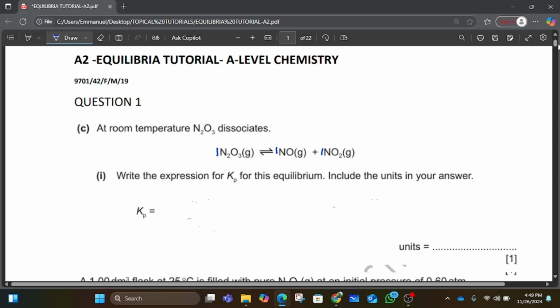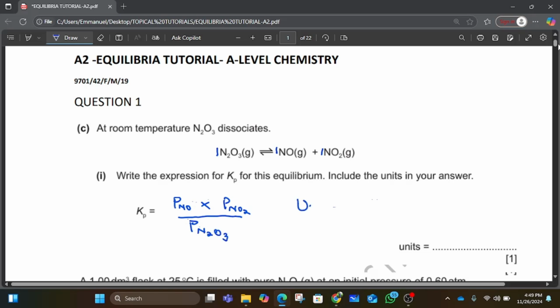And so it means that the Kp is equal to the partial pressure of NO times the partial pressure of NO2 divided by the partial pressure of N2O3.